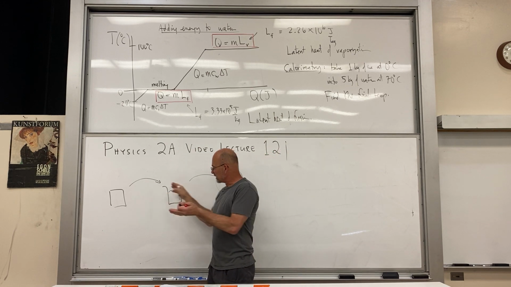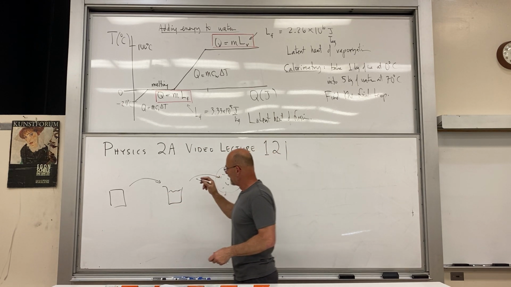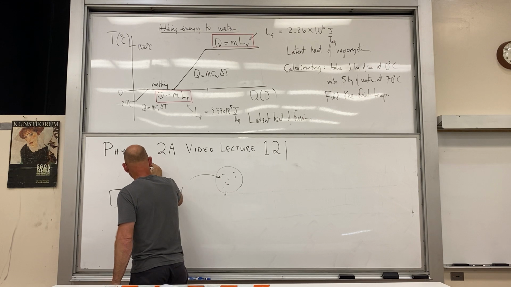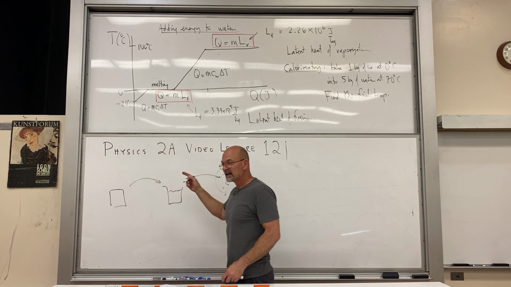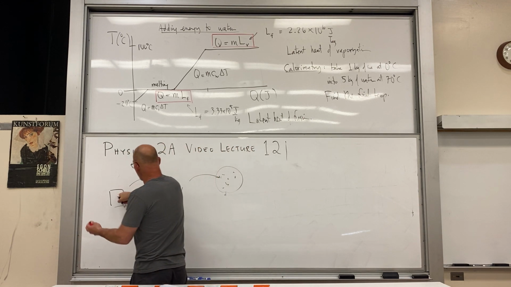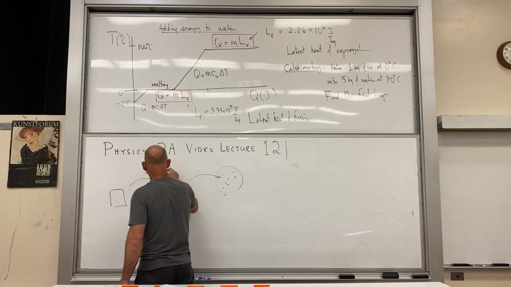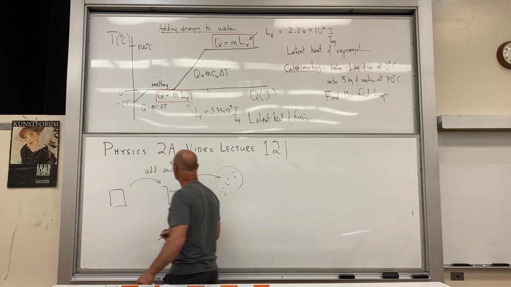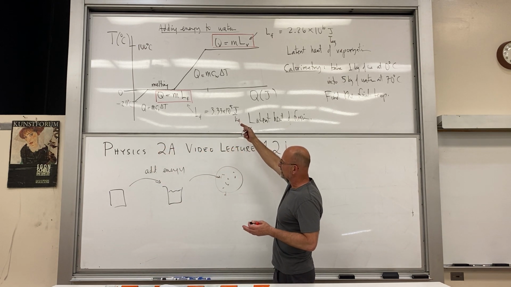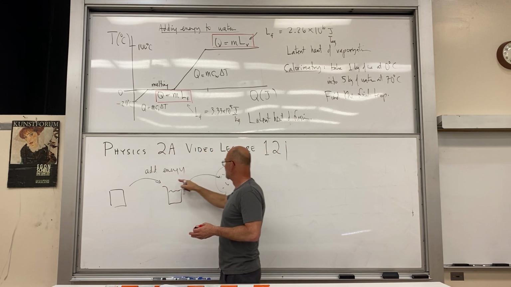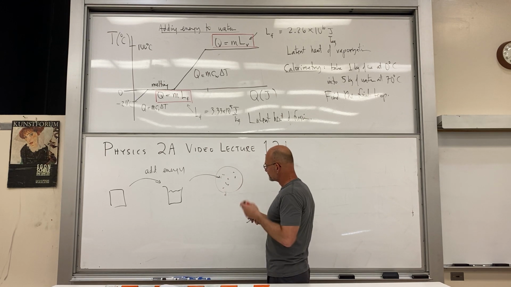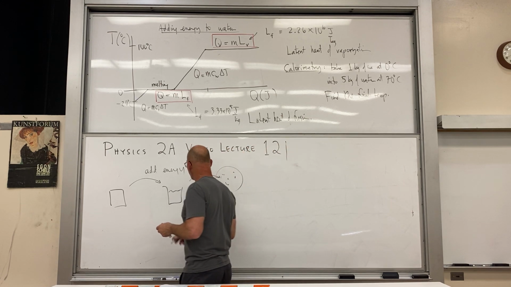So there you go, that's solid, liquid, gas. And apparently, we're adding energy, or the object is absorbing energy. I'll just write add energy. And we're talking about the graph up there. We were melting, vaporizing. So in this direction, we're adding energy here.